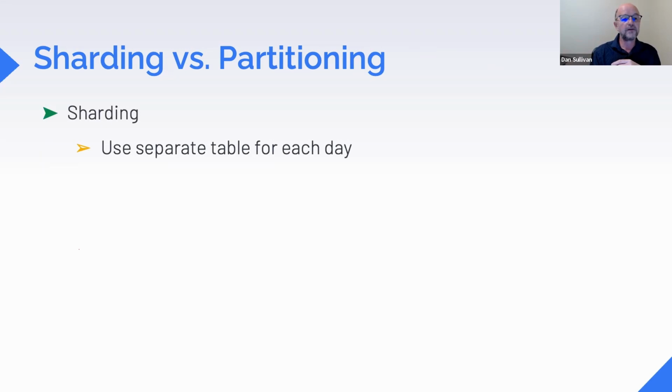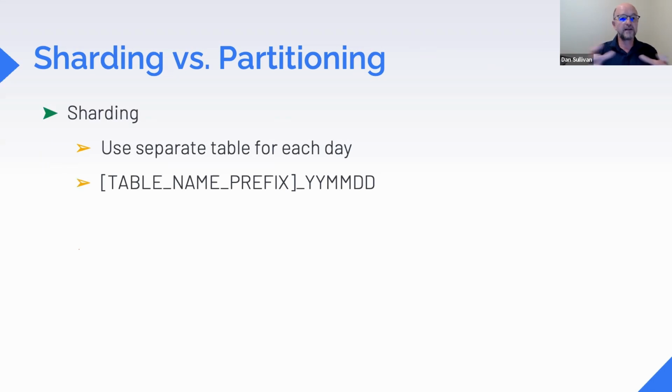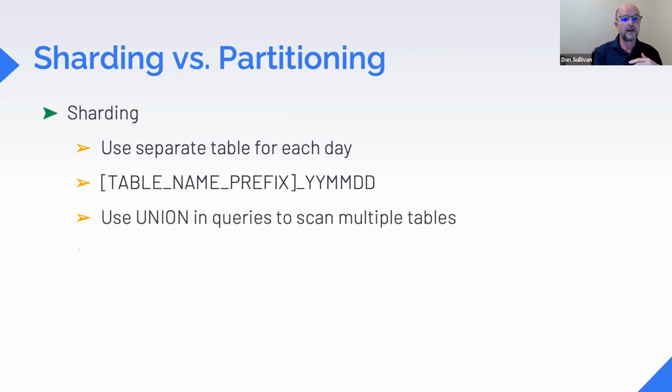So rather than use a partition, we actually create separate tables, with names like iot_sensor_data_220412. That becomes a table, and there are many tables with similar names. Whenever we want to go across these time periods, we do union queries and scan these multiple tables.